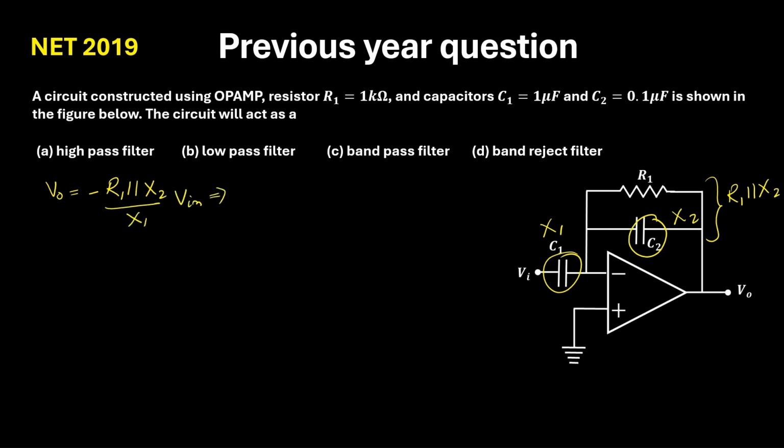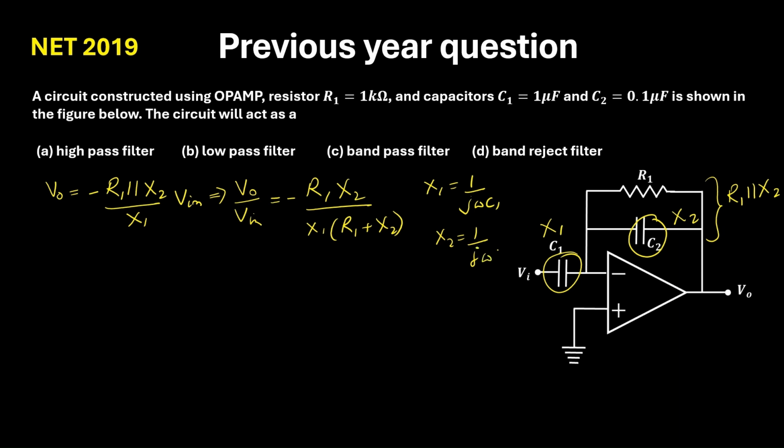So V naught by V input is equal to minus. Since R1 and X2 are parallel, we can write the formula for the parallel combination. So this is the expression. Now X1 is nothing but 1 by j omega C1 and X2 is 1 by j omega C2.